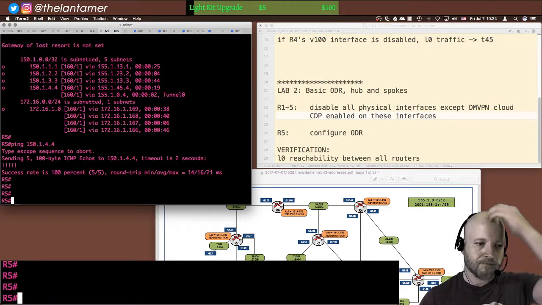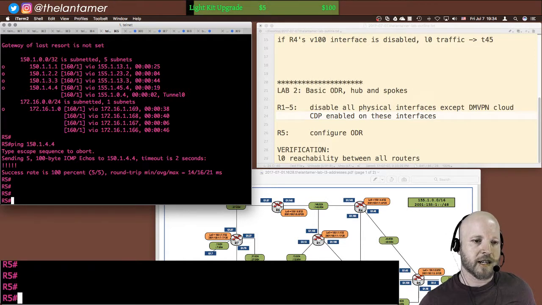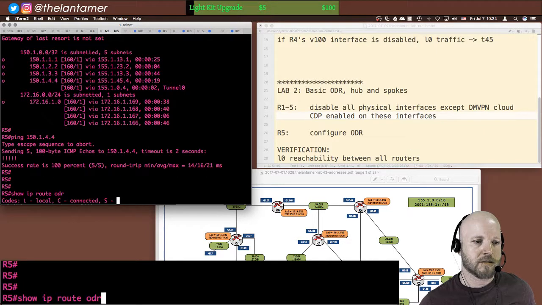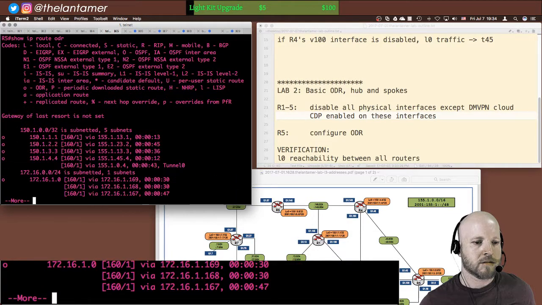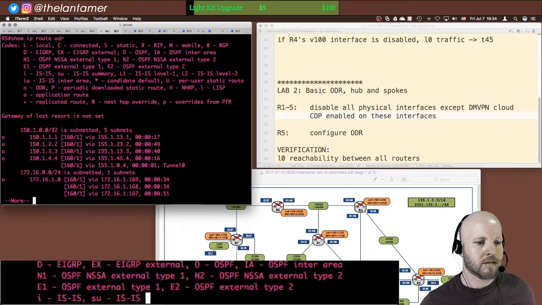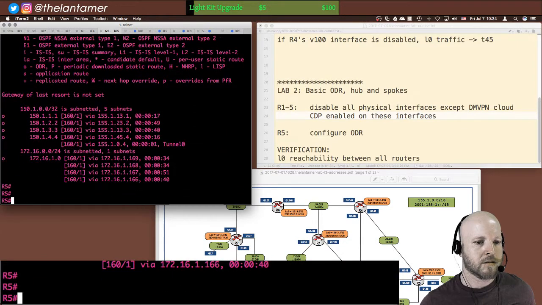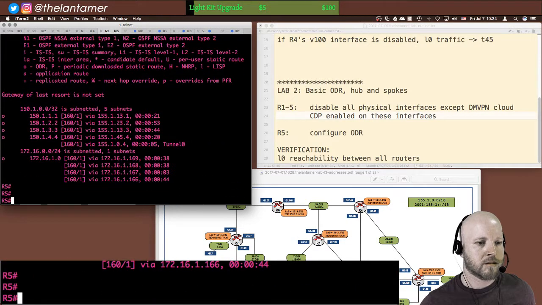Okay, so some sort of issue with the encapsulation of CDP over the tunnel. Okay, that's 53 seconds, so this should time out.